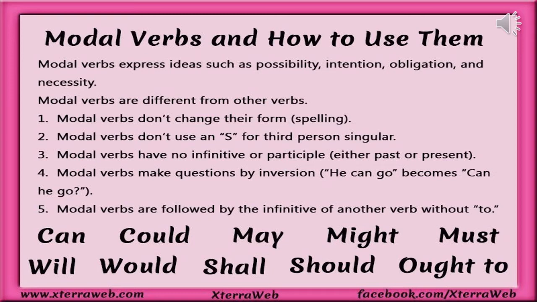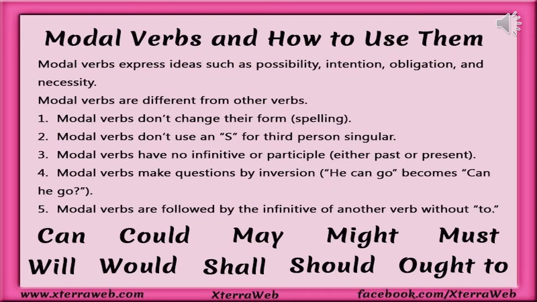Modal verbs don't change their form. Modal verbs don't use an S for the third person singular. Modal verbs have no infinitive or participle, either past or present. Modal verbs make questions by inversion. For example, he can go becomes can he go.